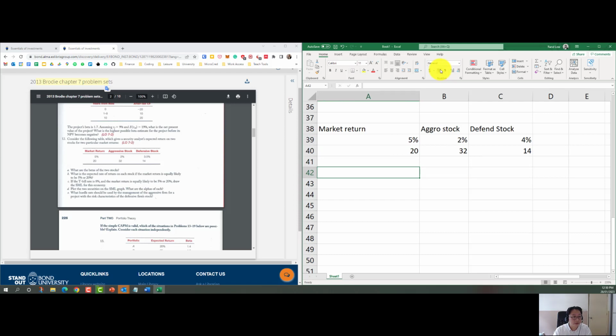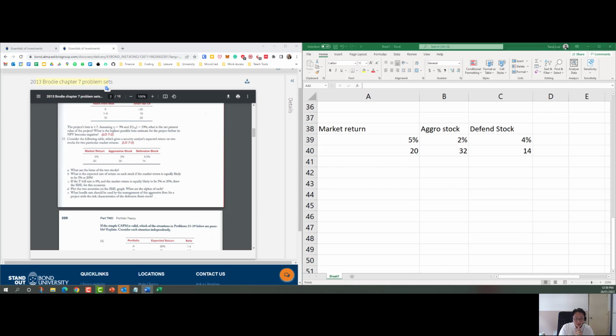What we need to work out now is the betas of the two stocks. The beta is the sensitivity of a stock's return to the market return, or the change in the stock return per unit change in the market return.